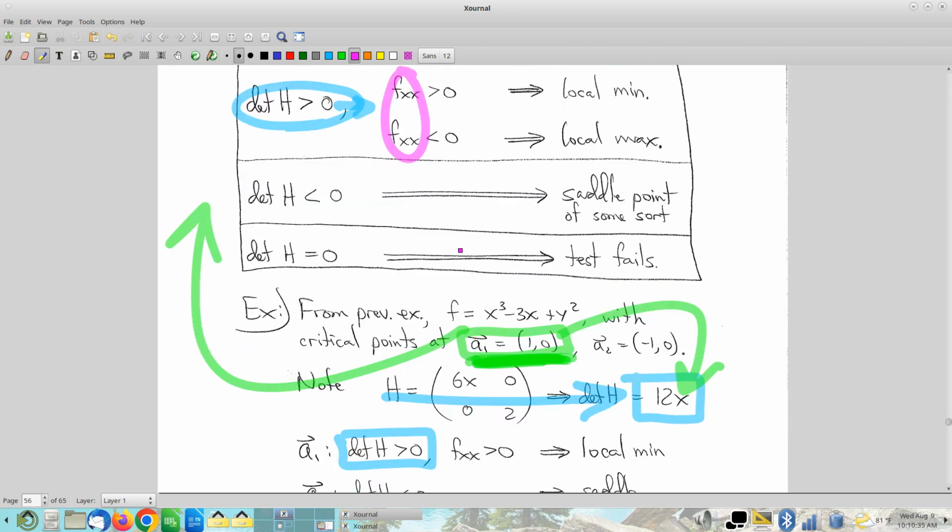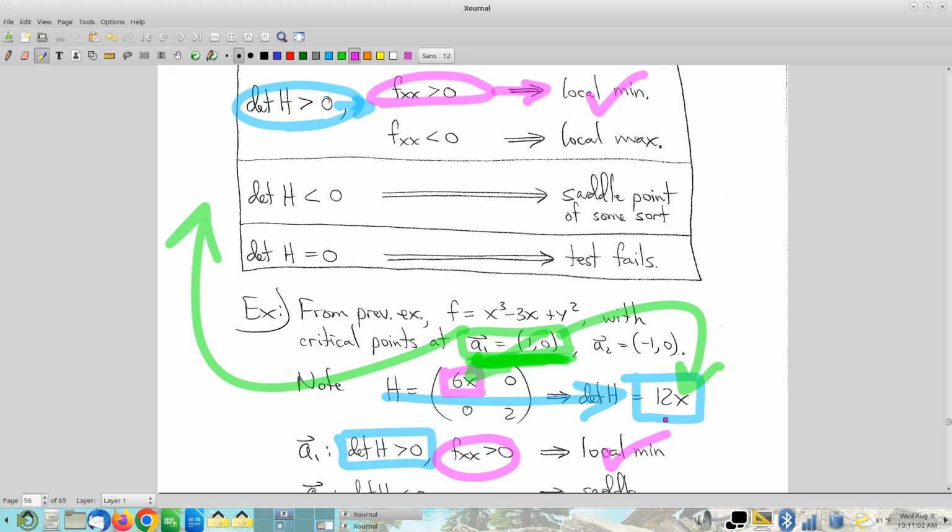Here it was in this process, top left entry, 6x. Again, we're only interested in what happens when you plug in our point, (1, 0), and at that point we find that fxx is 6, which is positive, and that tells us that we have a local min.